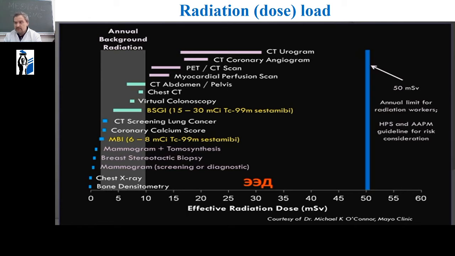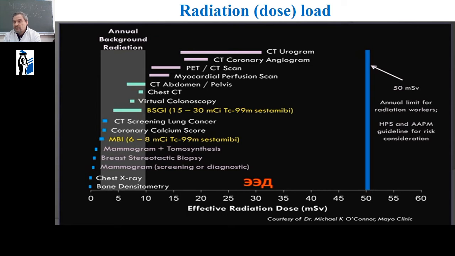The vertical column on the left shows the annual background radiation. From the bottom up, we see various diagnostic techniques with a graphic image of an increase in the effective radiation dose.